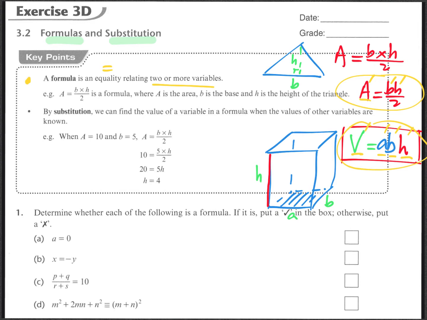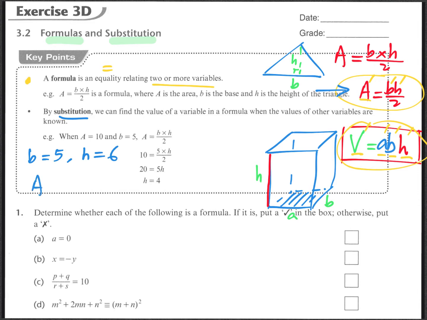Now we come to look at the meaning of substitution. For example, we go back to the formula of finding the area of the triangle. Let's say now I tell you that the base is equal to 5 and the height is equal to 6. Can you find the area? Yes, of course, it's very simple.